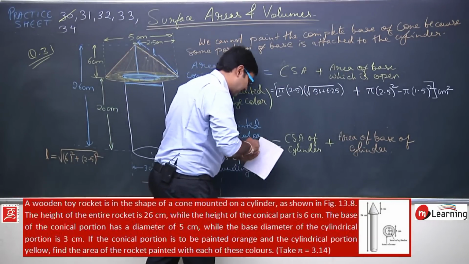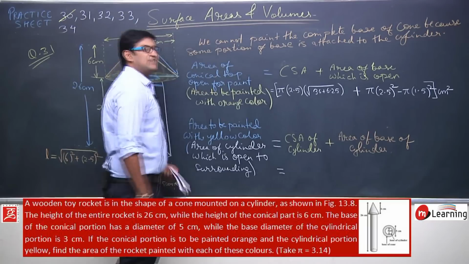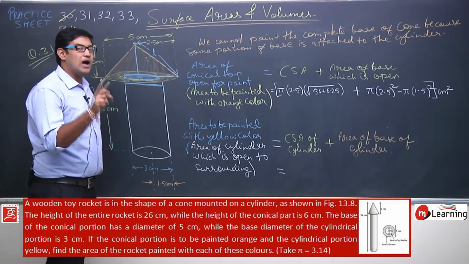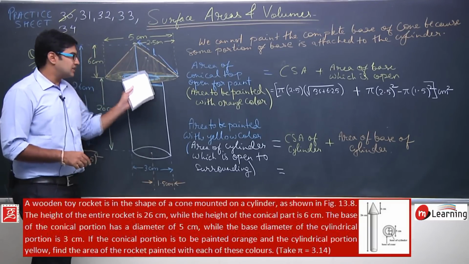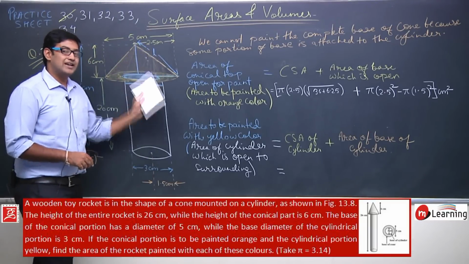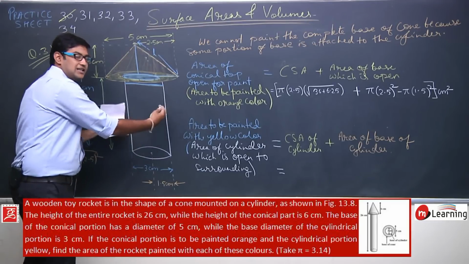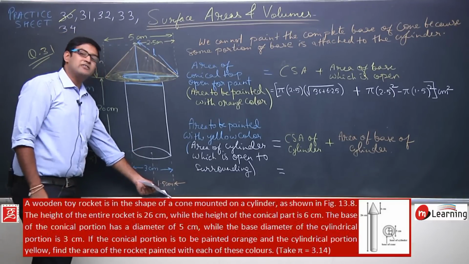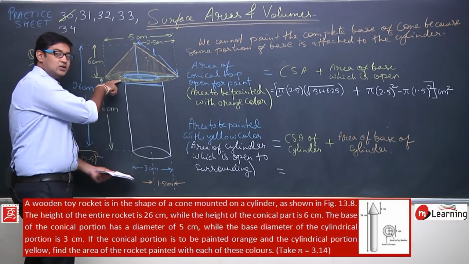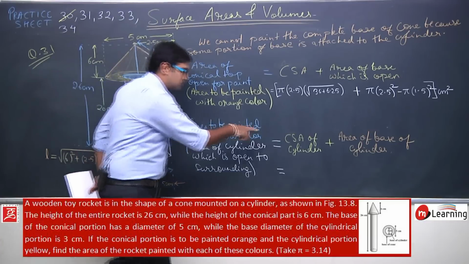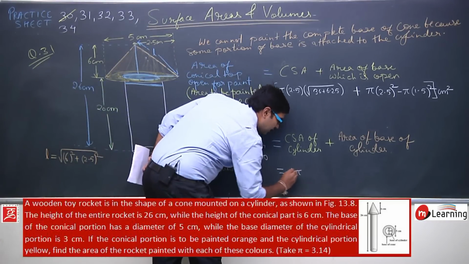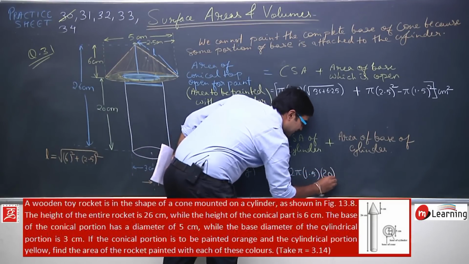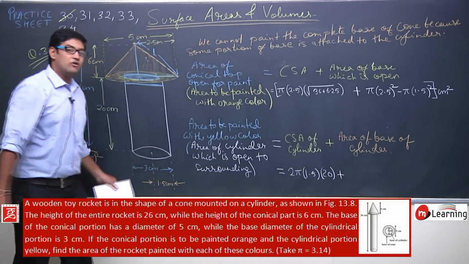Now what should be this area? This is equal to curved surface area of cylinder, which is 2 pi r h. So 2 into pi into r. What is the radius? Radius 2.5? No. Radius is 1.5. This is a thinner cylinder compared to the conical surface. So 1.5 is the radius and the height of this cylinder is 20 centimeters. So curved surface area will be 2 into pi into 1.5 into 20, that is the height, plus area of base.